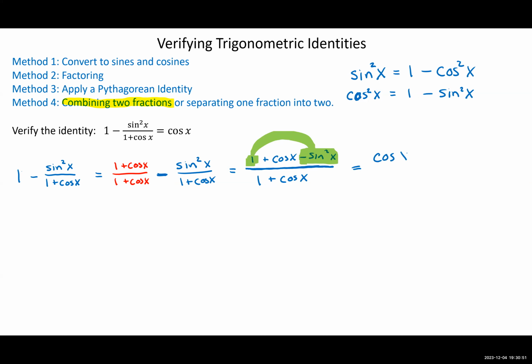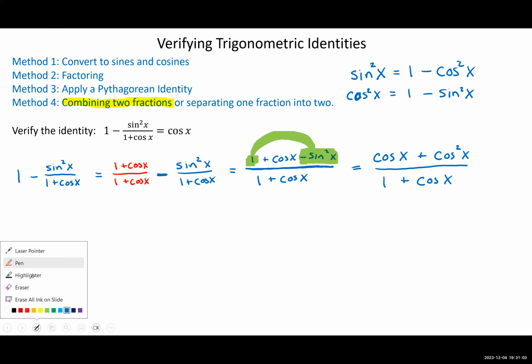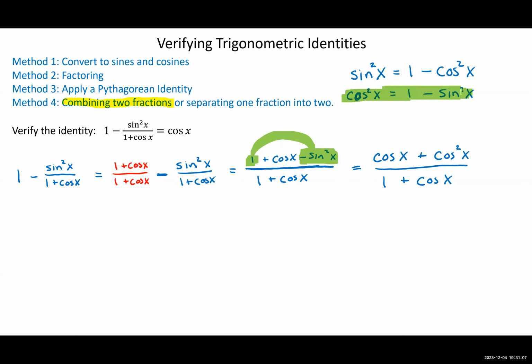So we've got cosine of x plus cosine squared of x divided by 1 plus cosine of x. And let me just sort of try to color code things. We use this equation up here.